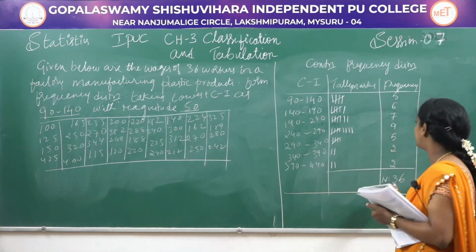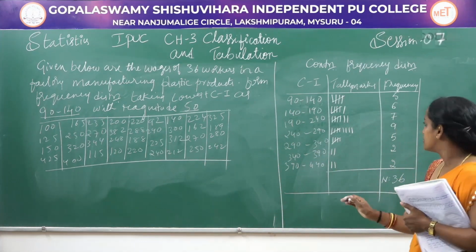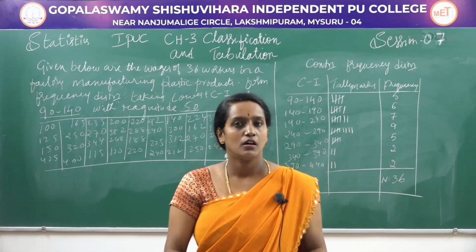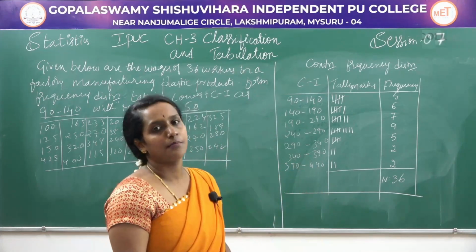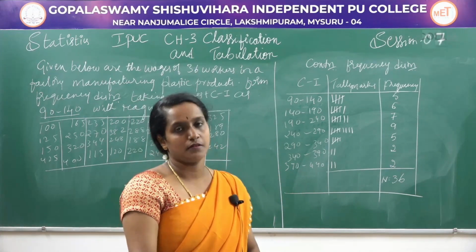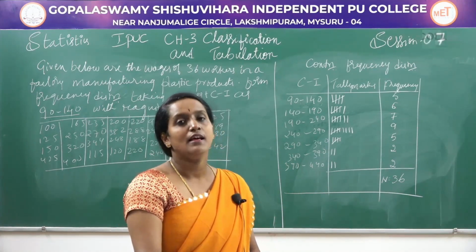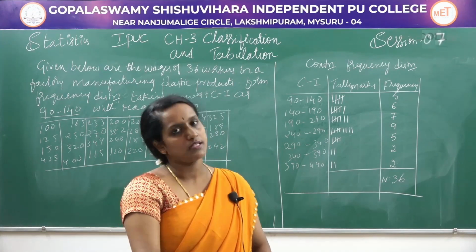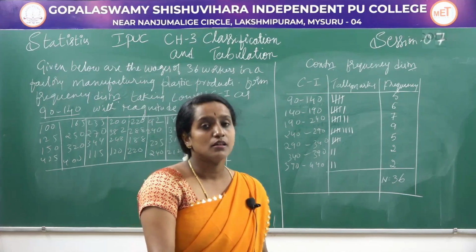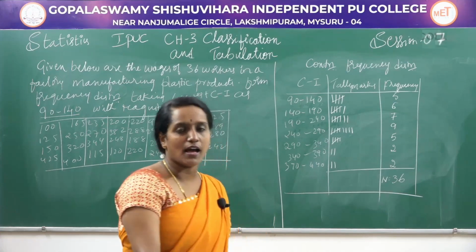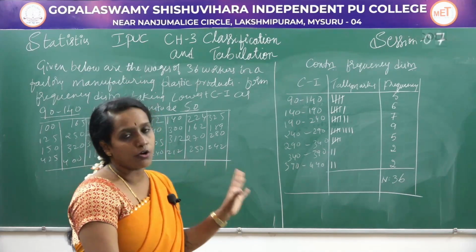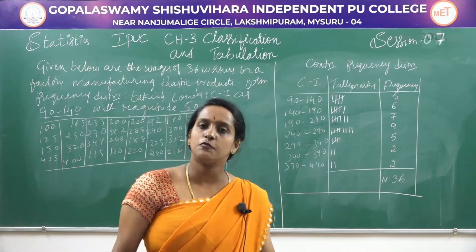Please go through this one. In examination you may get a problem to form the distribution table, whether it is a discrete frequency table or a continuous one. If they ask for a continuous distribution and mention the magnitude or the class interval, we have to follow that.